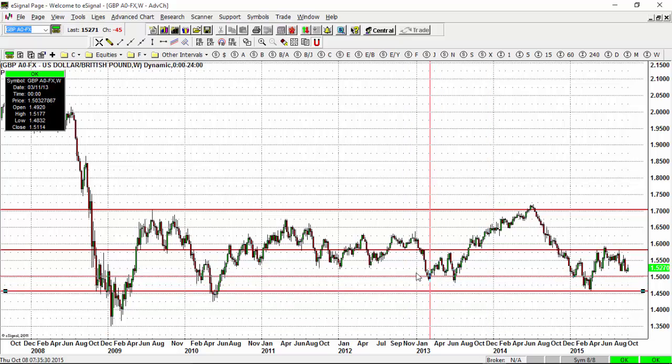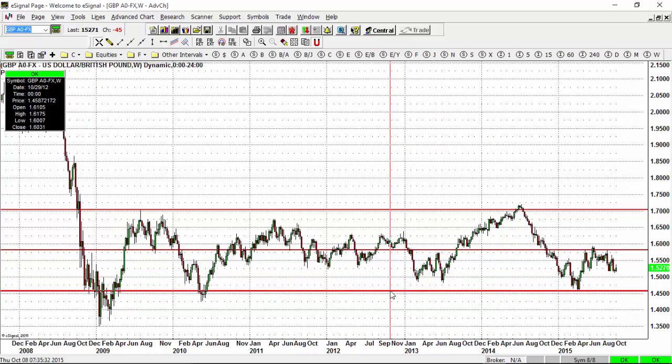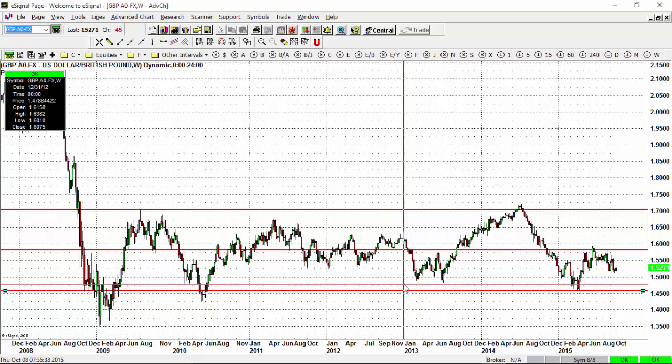Now, this is a weekly chart of the British pound, and just taking a look at some lows, we have a low at 145. This was the previous low. So if we break down 145, the other low is near 141, and then we have a low that was made in 2009 of 135.